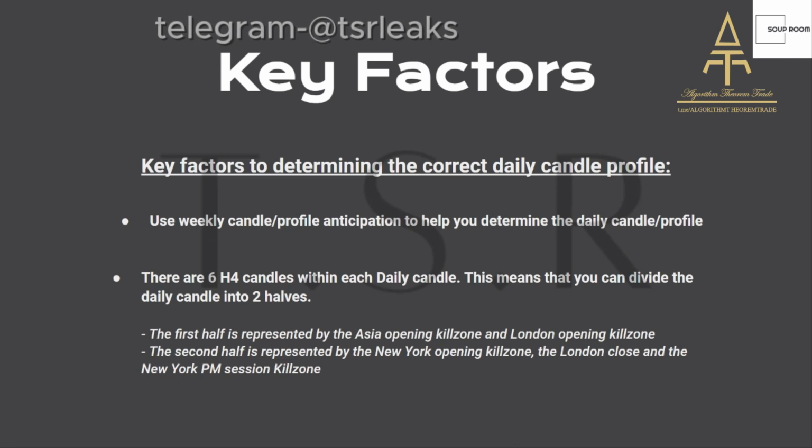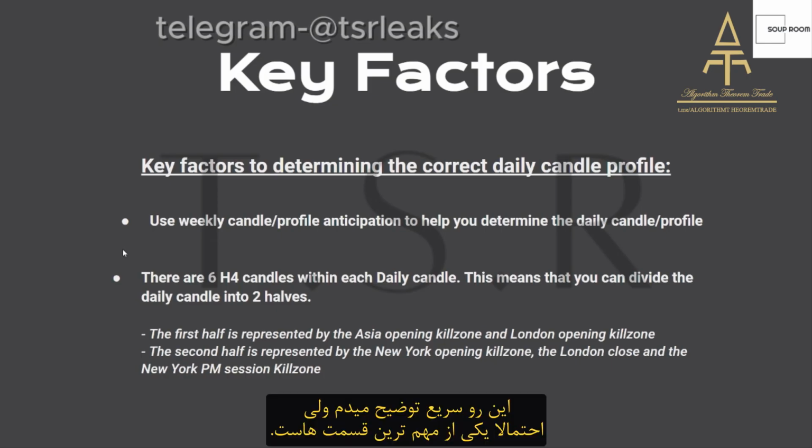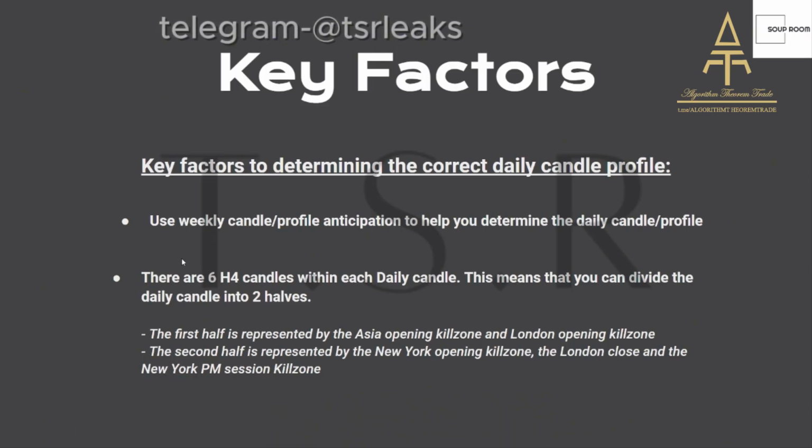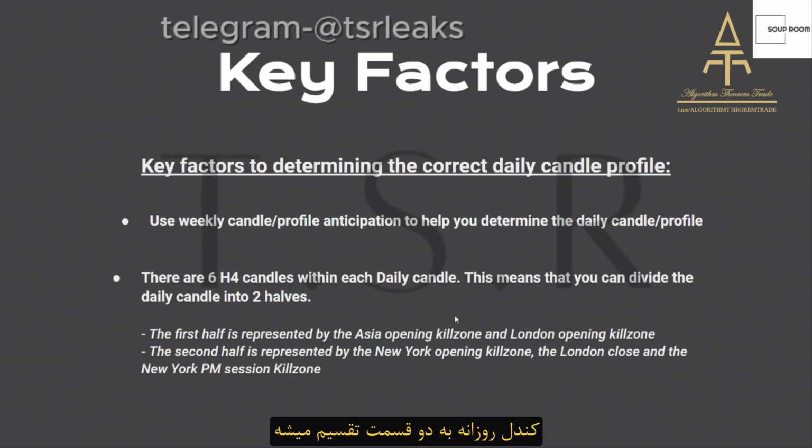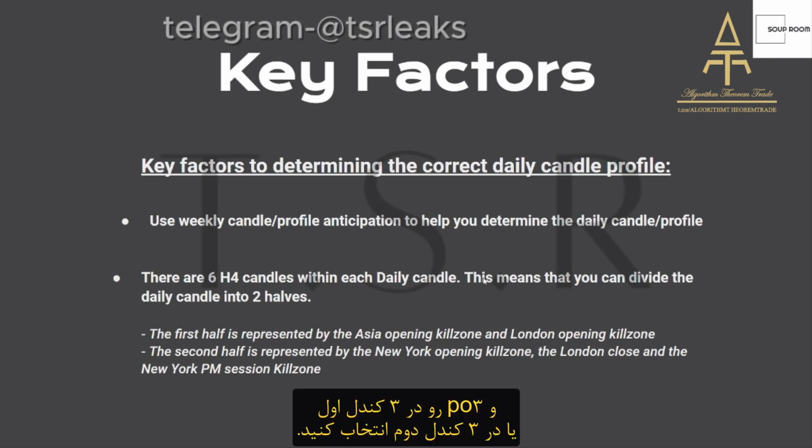All right, so I explained this part very quickly. Just keep in mind, this is probably one of the most important parts of the entire lecture here. You can divide the daily candle into 2 parts. Choose one half to play with, and find the power of 3 within the first 3 candles or the last 3 candles.